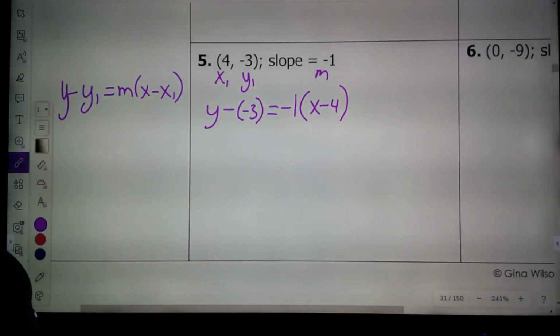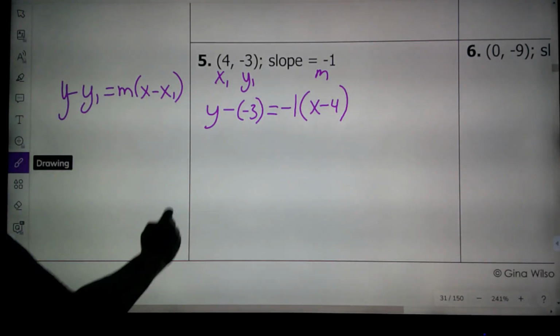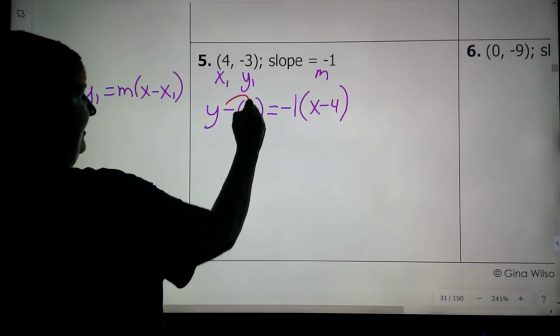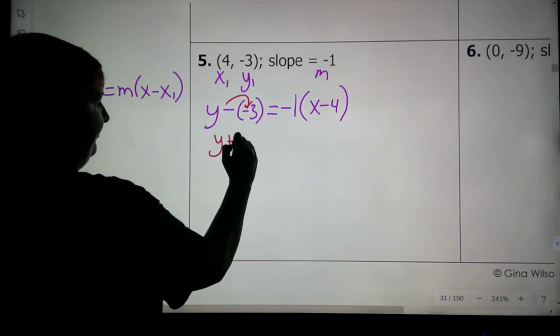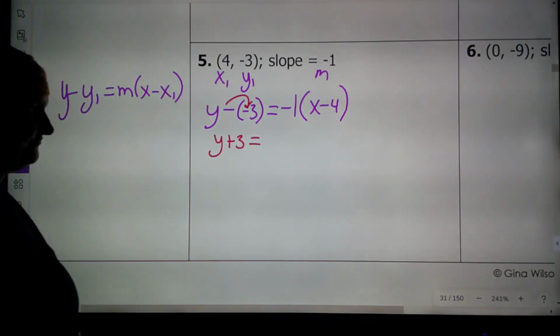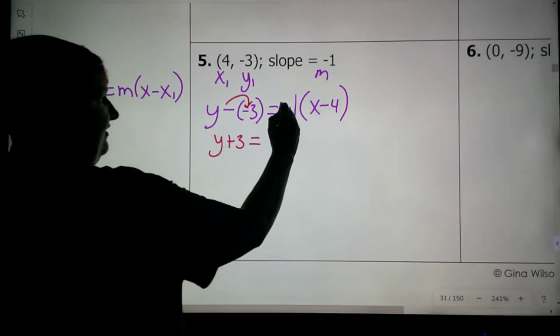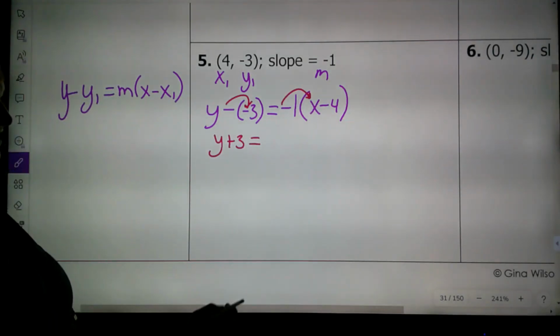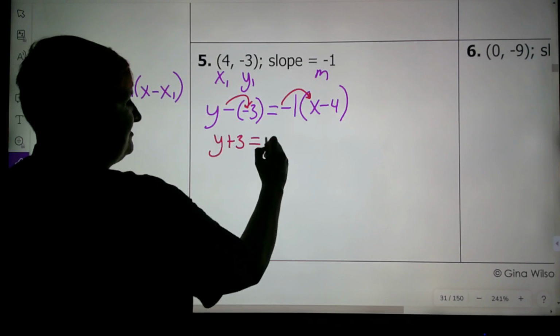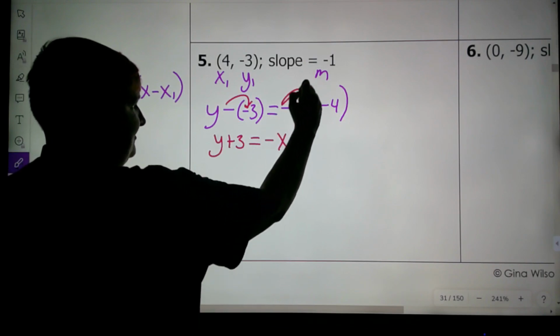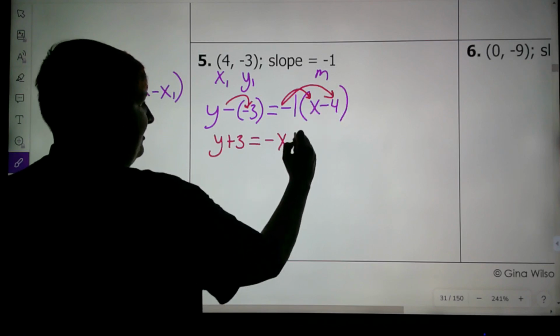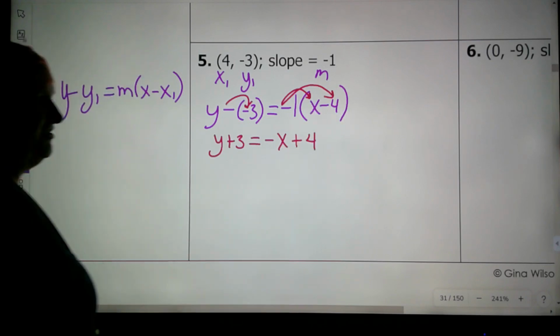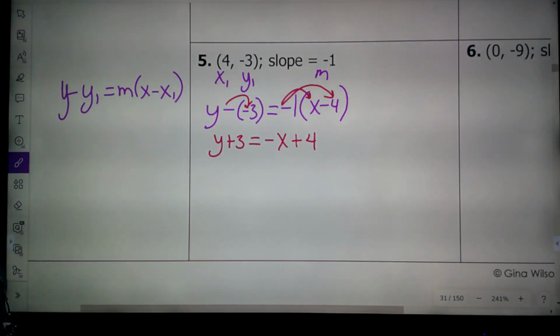Alright, a couple of things are going to have to shift here. Negative times a negative is a positive, so it's going to be y plus 3. This is just going to change when you distribute it. It's going to change all the signs. This positive x is going to become a negative x, and this negative 4 is going to become a positive 4.